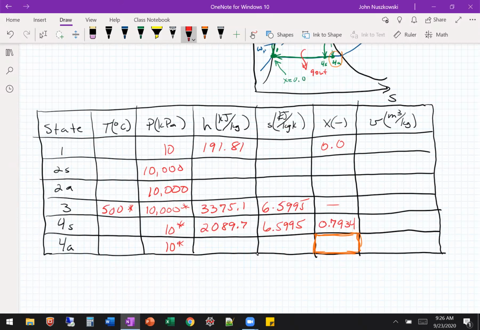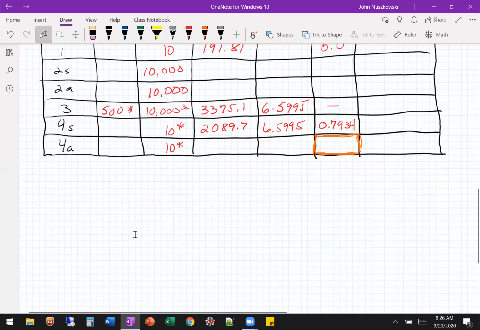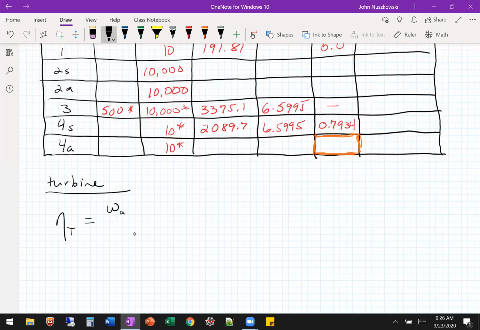Using the isentropic efficiency? Yep. So we utilize the isentropic efficiency. Okay, so for the turbine, we have an isentropic efficiency, which is our work actual over work isentropic.